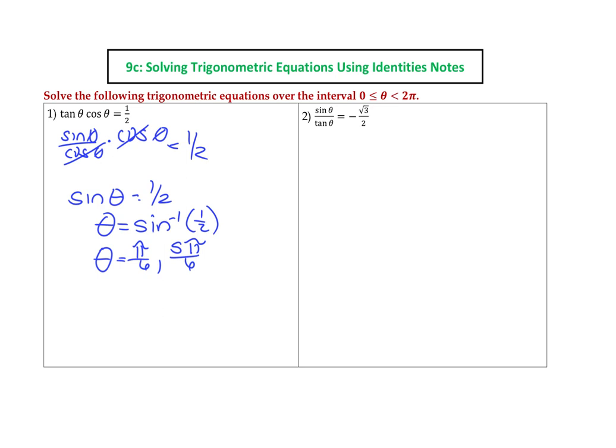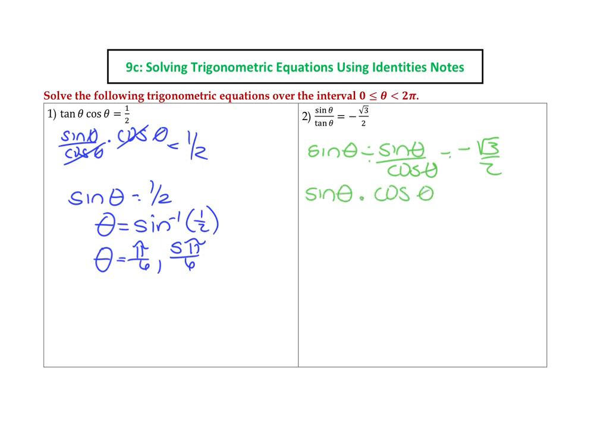Okay, this next one is sine divided by tan. So I'm going to rewrite it, sine theta divided by, and remember tan is sine theta over cosine theta. That equals negative root 3 over 2. Now when I'm dividing fractions, I flip the second one and multiply.